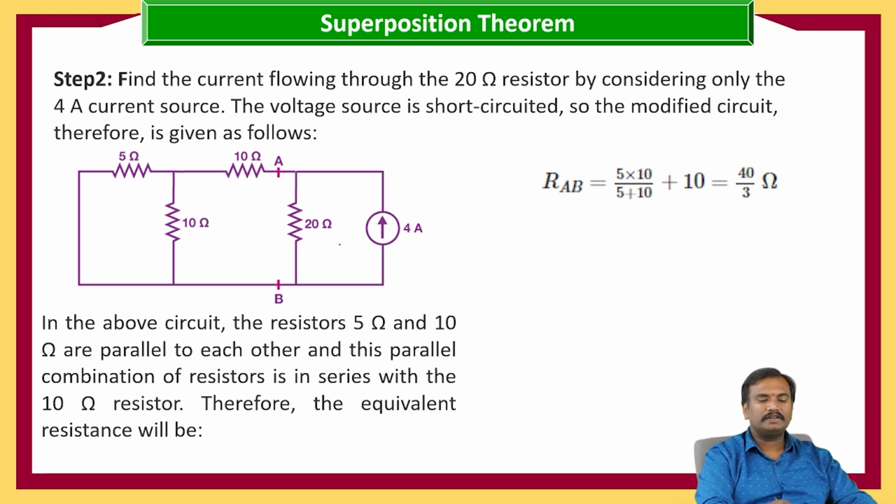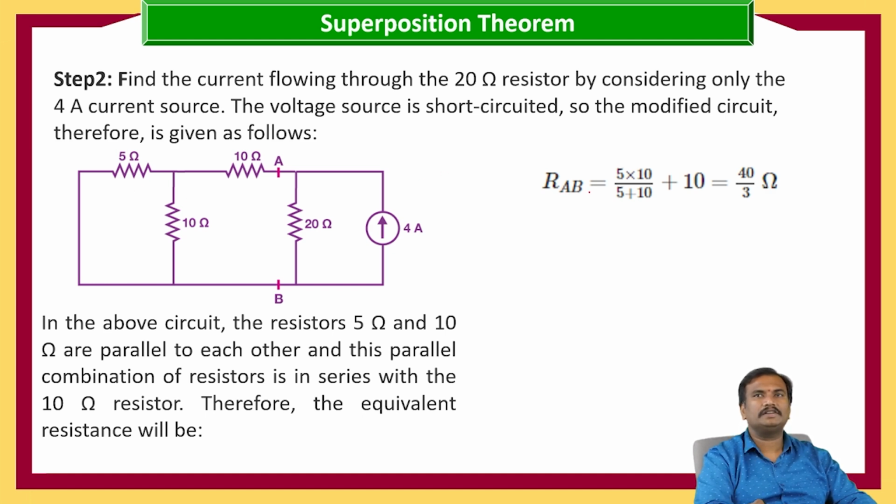Here, if you see this circuit, between these two terminals we are having one equivalent resistance, and that equivalent resistance is, here this 10 ohms is connected in series with the parallel combination of 10 ohms and 5 ohms.